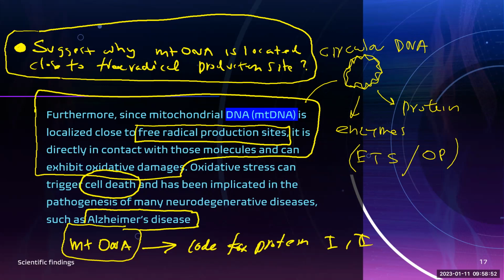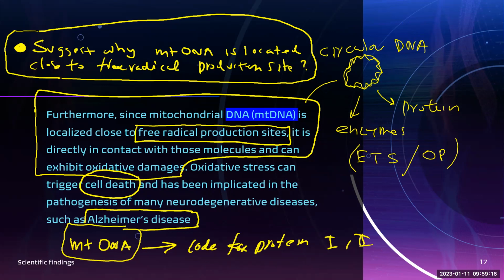So we can understand that they are very close to the place where these proteins are produced, because mitochondrial DNA gives codes to produce enzymes and transporters of the electron transport chain. They are proteins. So they are very close to each other.